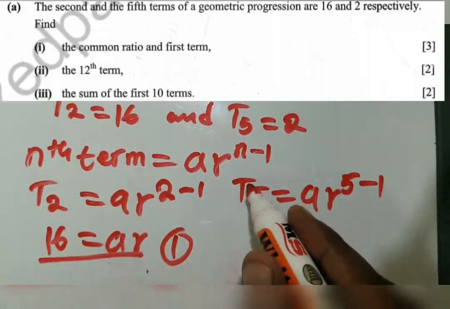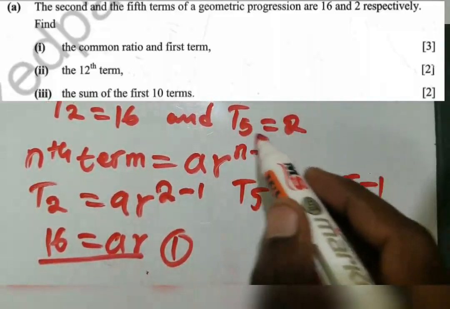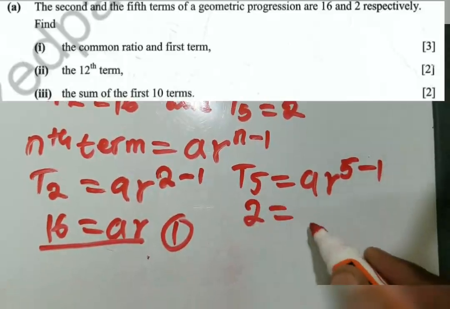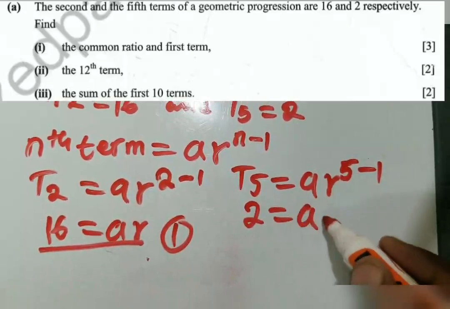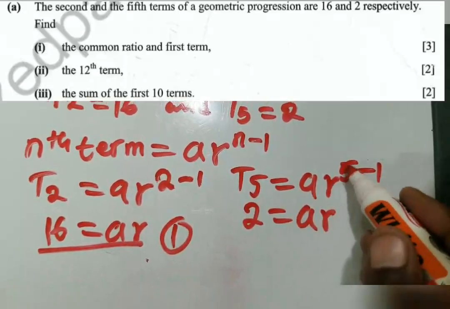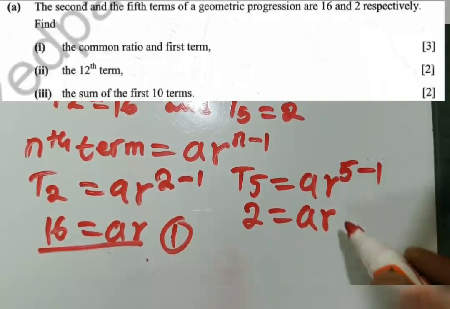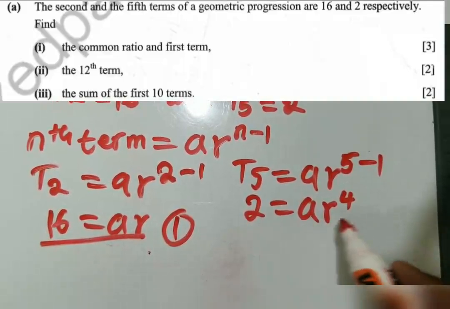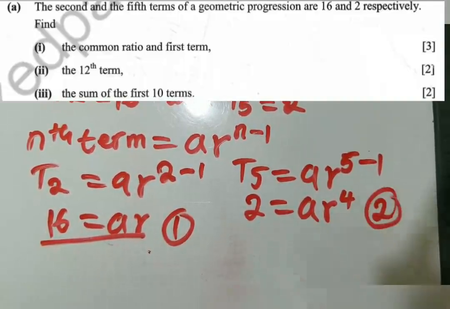Term 5 they have already found for us, it is 2. So we get 2 is equal to a r to the power 5 minus 1, which is 4. As simple as that. This is the second equation that we have.